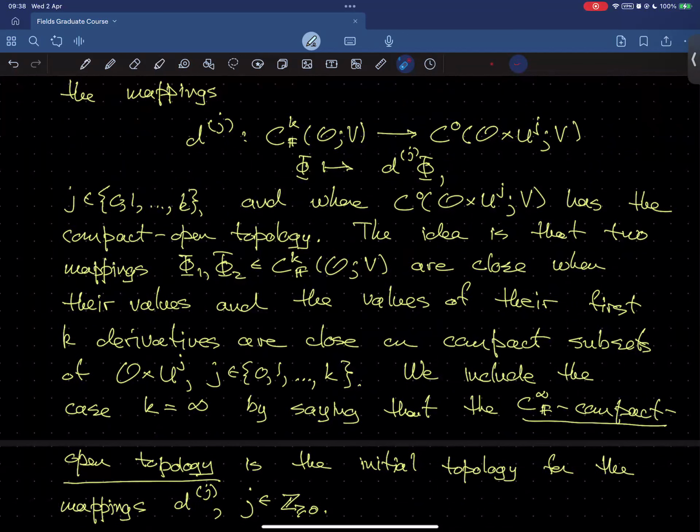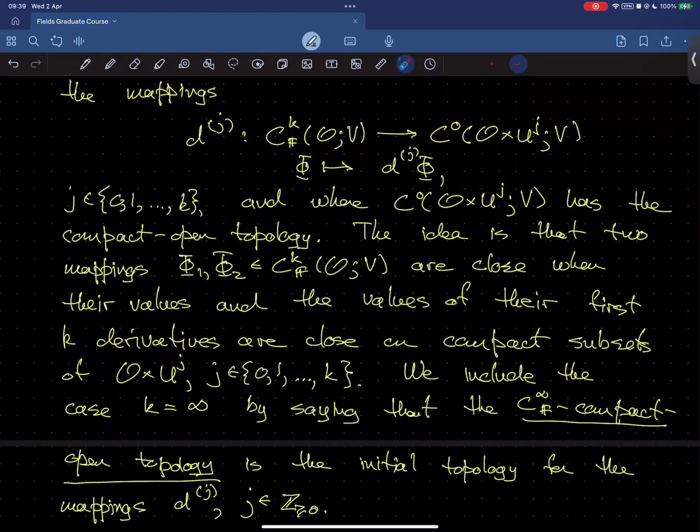Again, a topology kind of tells you when things are close in some way or other. And so two mappings here are going to be close when their values and the values of their first K derivatives are close on compact subsets. So phi1, phi2, and their first K derivatives are close on compact subsets of these guys.